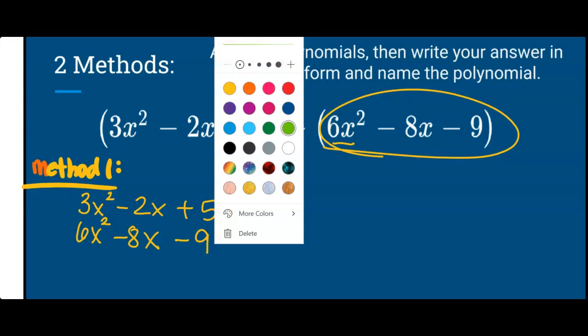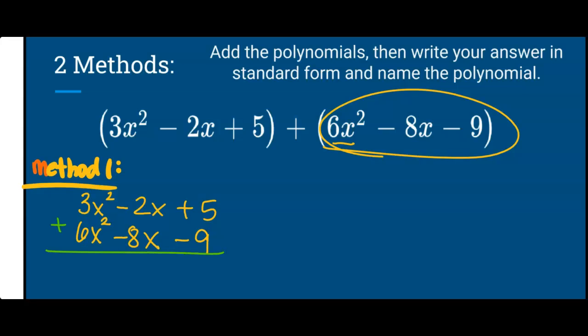Once I have stacked them up, then I can add them. And so I'm just going to add each of my pairs of like terms. So 3x squared and 6x squared will make 9x squared. Negative 2x and negative 8x will make negative 10x. And 5 and negative 9 will make negative 4.